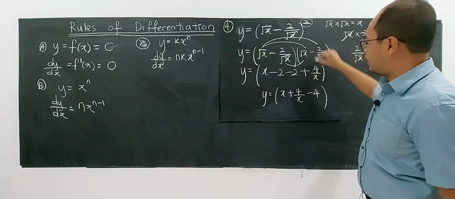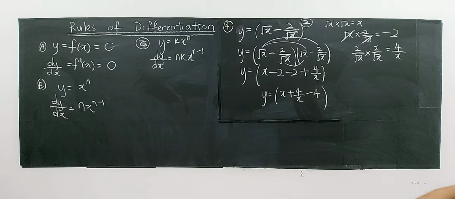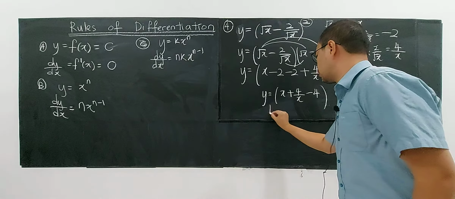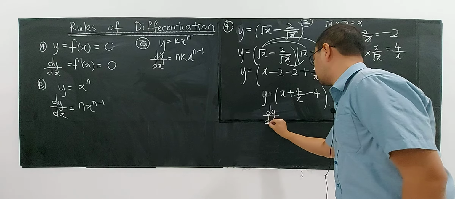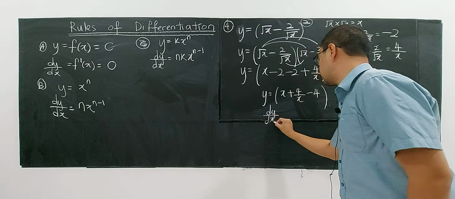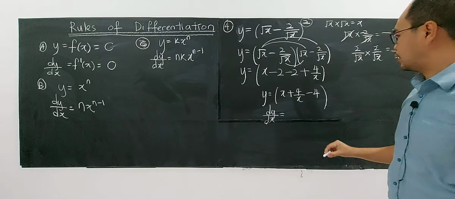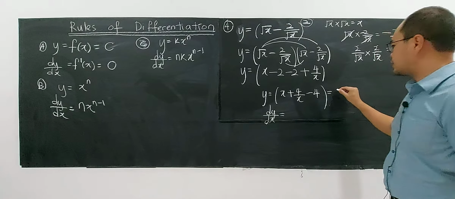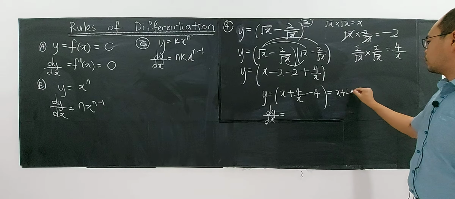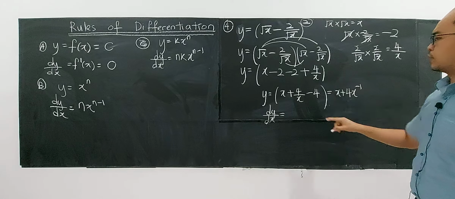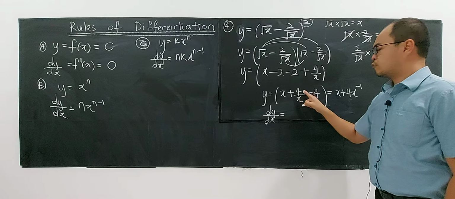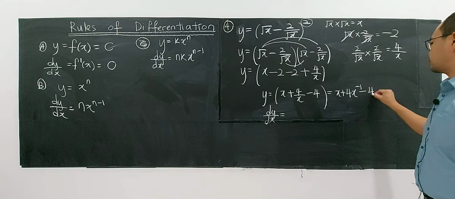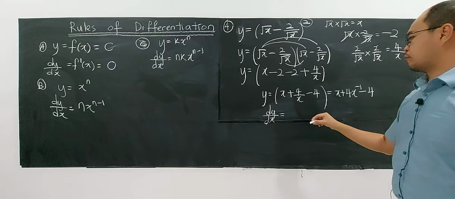Alright, now you have no power here, so you can differentiate by using the basic rule. So dy dx. I can rewrite this as x plus 4x to the power of negative 1 minus 4, so that it's easy for me to differentiate.